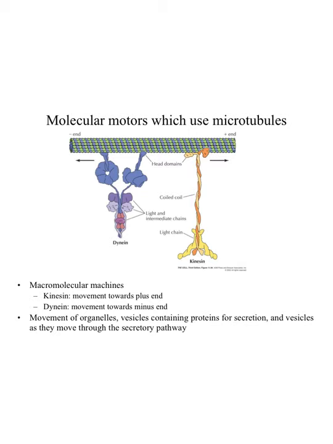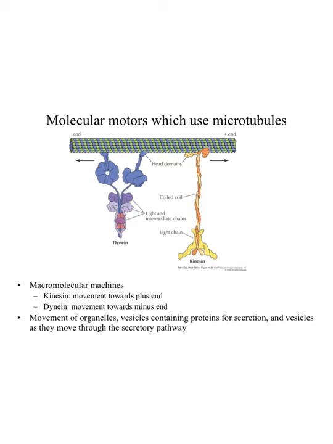Okay, so if the microtubules are the train tracks and vesicles loaded with protein are the cargo, what are the trains, what are the cars that form the actual train that move the cargo? I know the metaphor is a little strained, but bear with me.